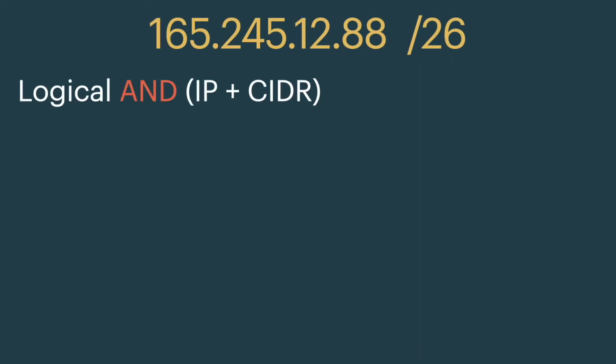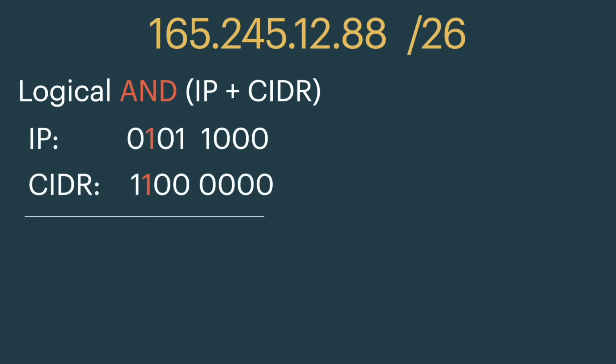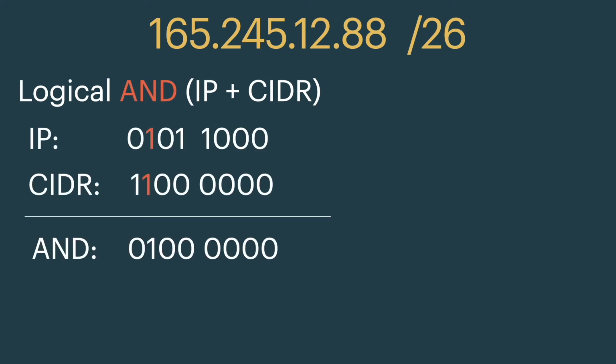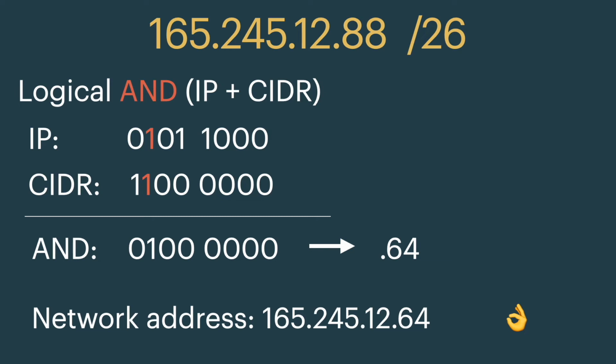Now we make a logical AND using the IP and the CIDR. There we go. And the AND is that 64. So we get the network address using the first 3 octets plus the AND, which is 165.245.12.64.